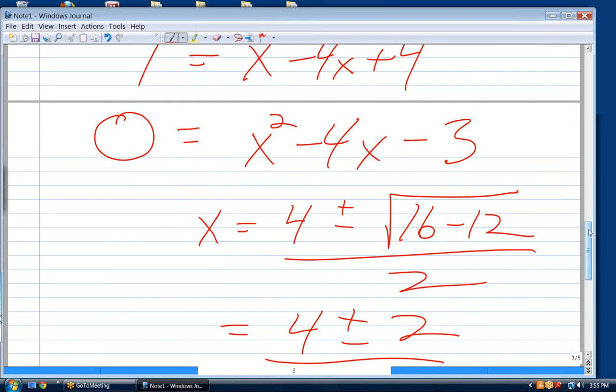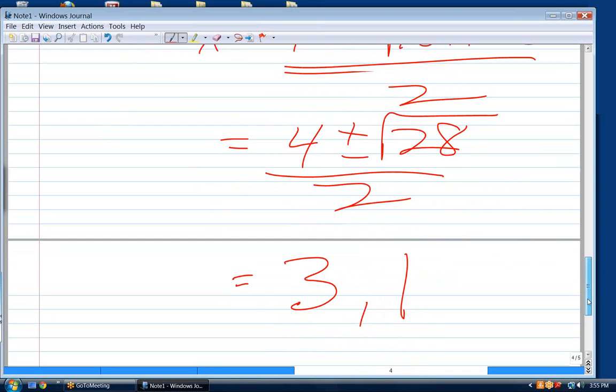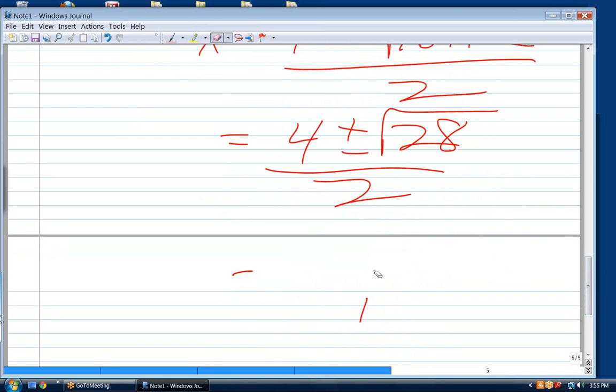What the heck did I do wrong here? No, minus b is 4. 16 minus, this is plus 12. So it's 28, which is 4 root 7.